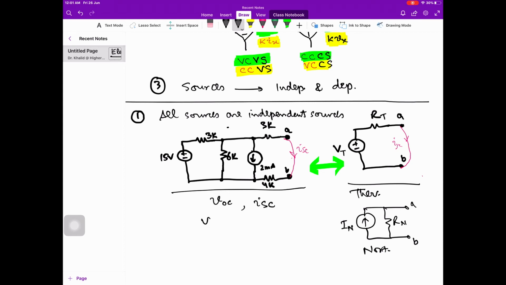Note that in some texts the Thevenin voltage is represented as VT, in some others as VTH. Likewise, the Thevenin resistance RT, in some other texts you will also see RTH.